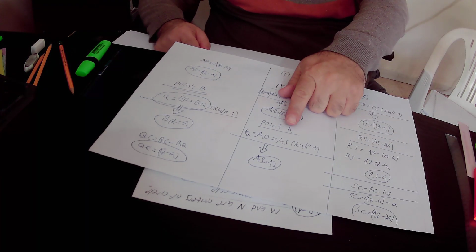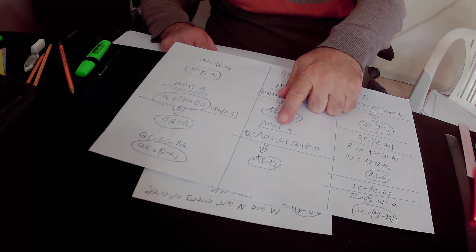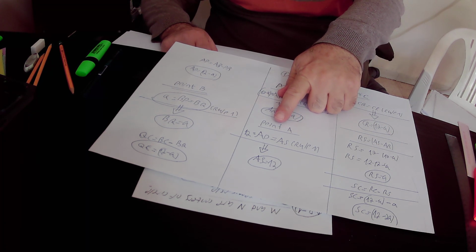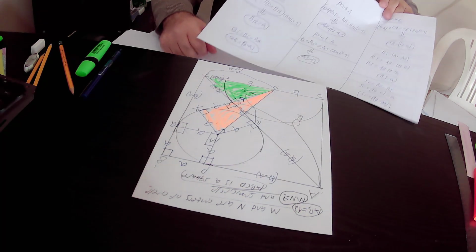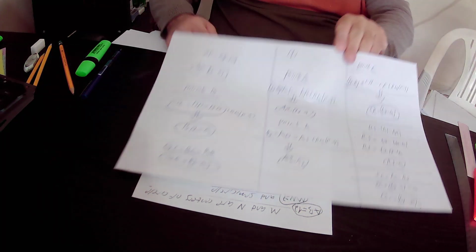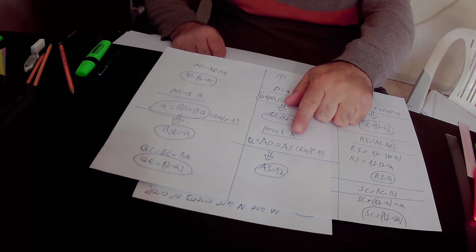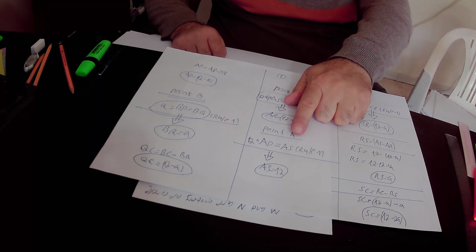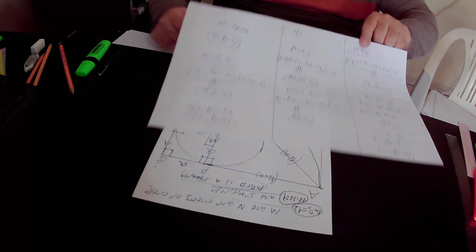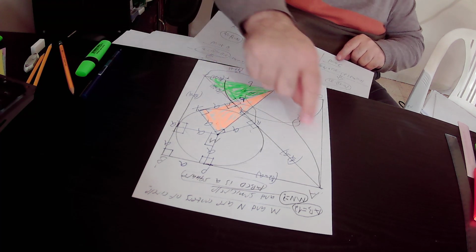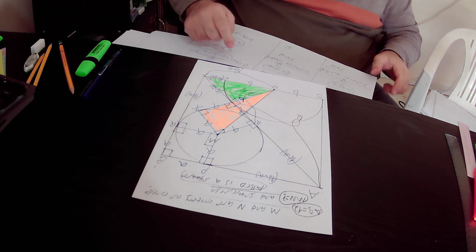That is to say, AD equals AS according to rule number 1, but AD equals 12 units. It is one side of square ABCD. So from this equation, 12 equals AD equals AS, we will derive that AS is also equal to 12 units.